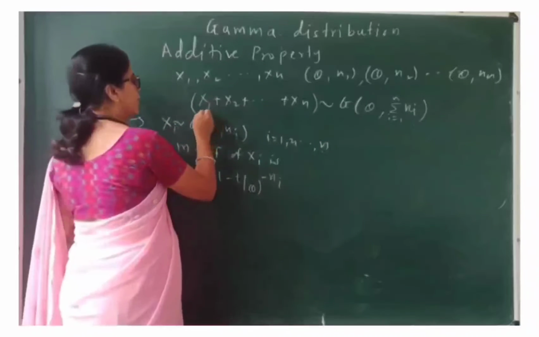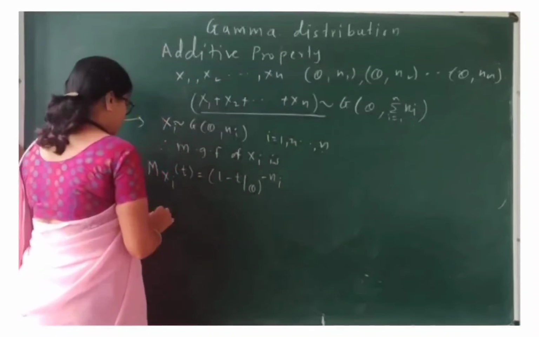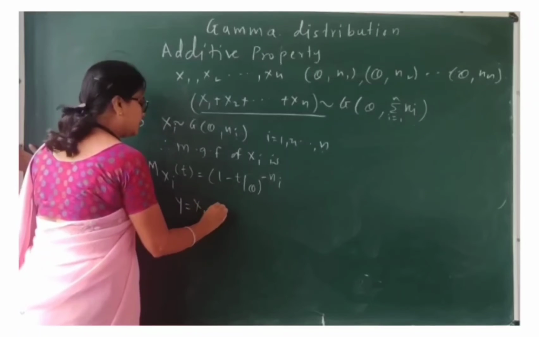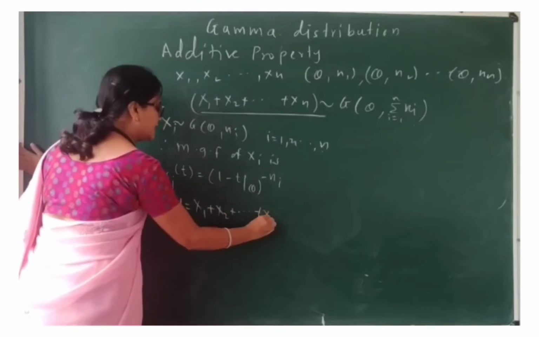Now we need to find the MGF of this sum. So let me consider this as y, where y is equal to x1 plus x2 so on up to plus xn.